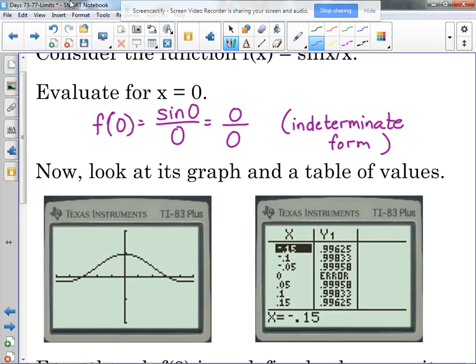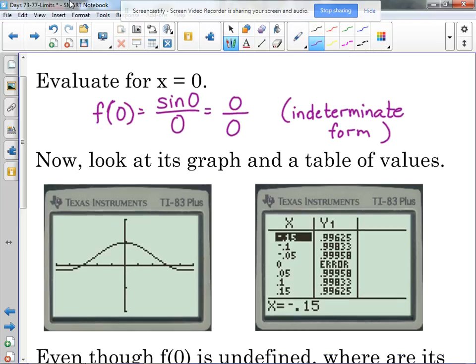So the table here, I broke it down. It's not just -3 to +3 counting by whole numbers because that doesn't show us enough detail. So what I did was I changed how my table counts, so that we can zoom in on what is happening here at 0. So my question is, even though sine of x over x is undefined at 0, okay, it is undefined.